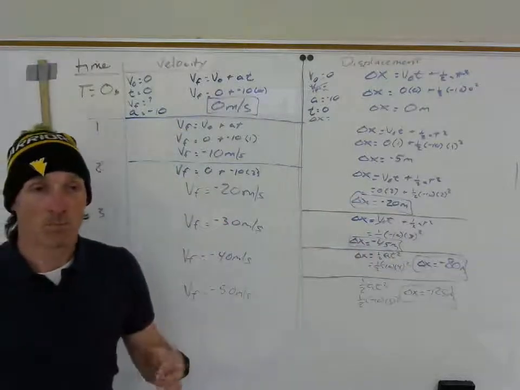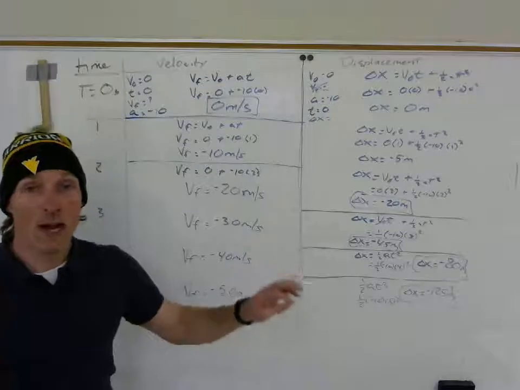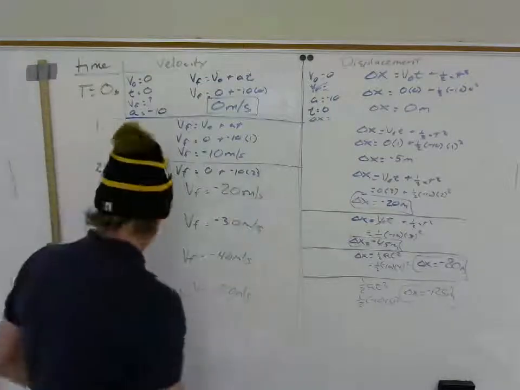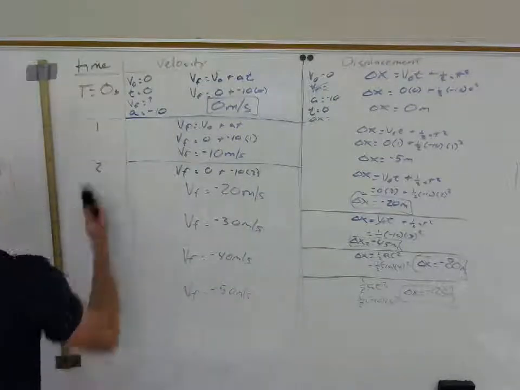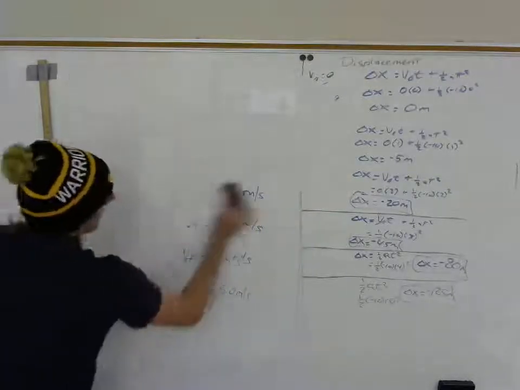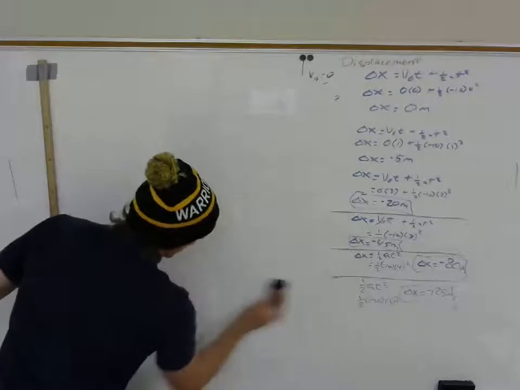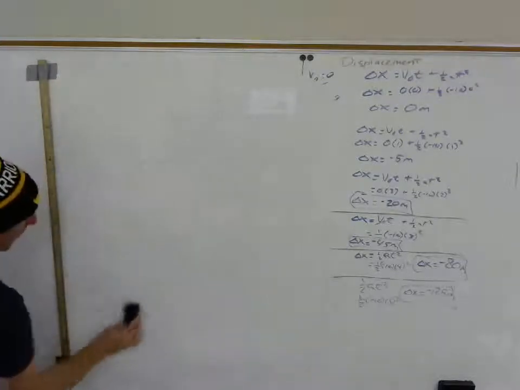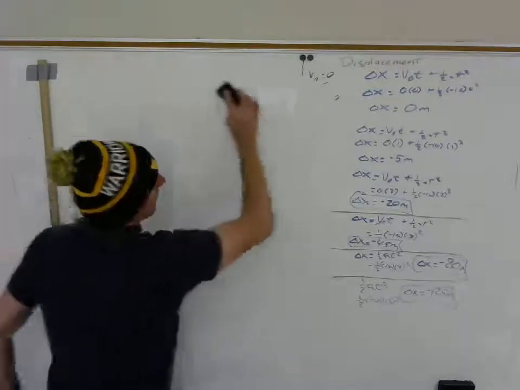Now let's take a look at the graphs to account for this exact problem, because they look a little different. So erase this. We're going to do a position time, velocity time, and acceleration time graph for a dropping problem.